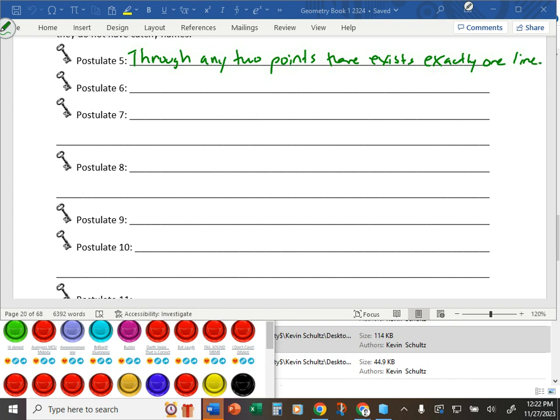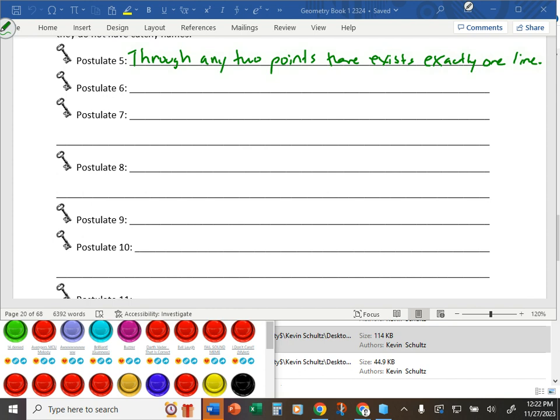I'll try and relate these to algebra where I can, because we've worked with some of these postulates before. When we graphed a line on a coordinate plane using y equals mx plus b, slope and so forth, how many points did we need? 2. Just 2. The y-intercept and the slope, right? Because through those 2 points, we could make a line. That's essentially what this is saying.